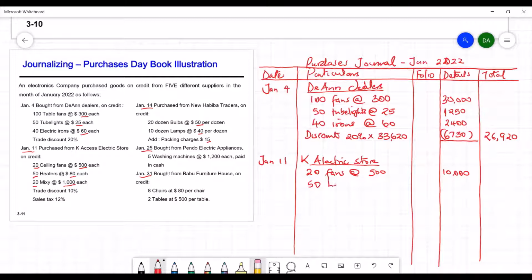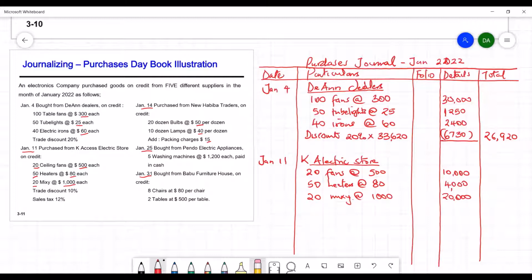Then 50 heaters at $80 each, and 20 mixers at $1,000 each. That should give you 20,000. 50 by 80 should give you 4,000.